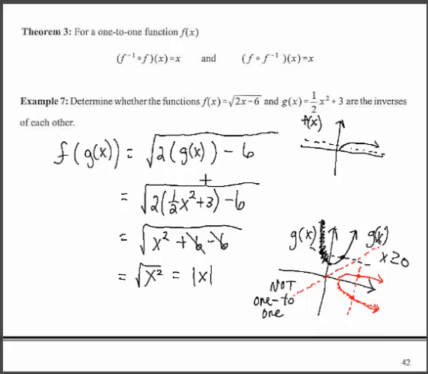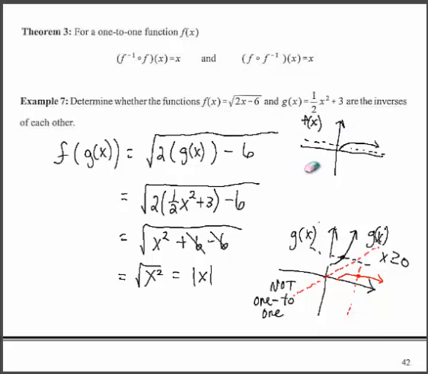However, if I restrict my domain to only positive x values, that would remove the left half, and therefore when I mirror it through the axis of symmetry, I would only get this upper portion, and that would pass the vertical line test.